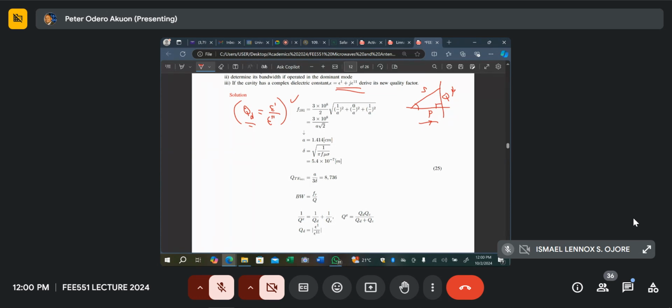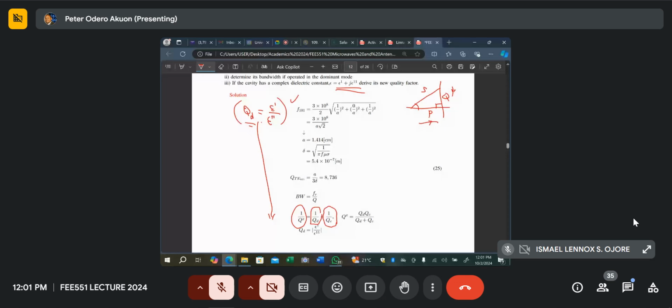The one in the cavity is QC, which is computed usually, the one we have just done previously. And then you have this dielectric loss. So the sum of the two will give you the complex quality factor. The complex quality factor will be the product of the loss in the dielectric and the one in the cavity over the sum.